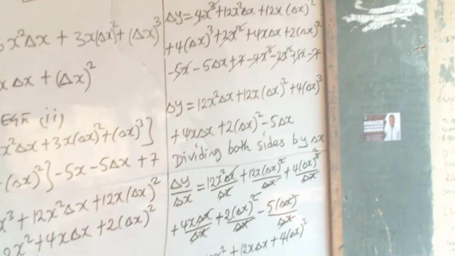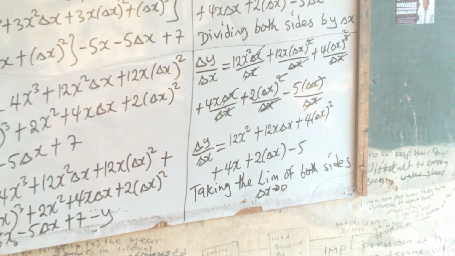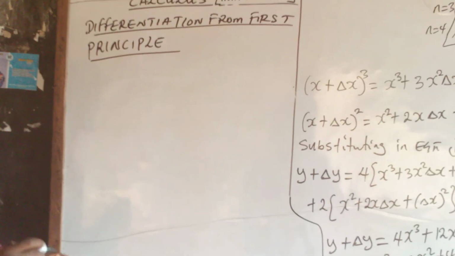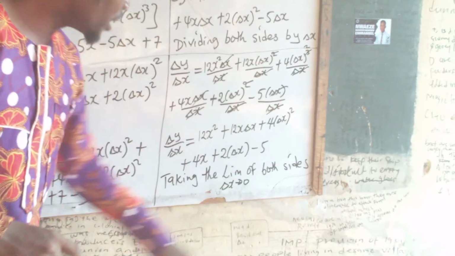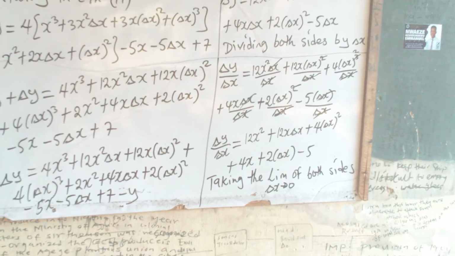So try to learn the steps. Take the limit of both sides as change in s tends to 0. It means any place you see this change in s, you put 0. You say taking the limit of both sides as change in s tends to 0.